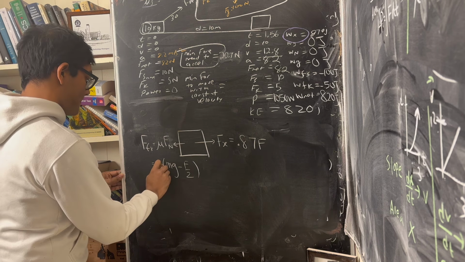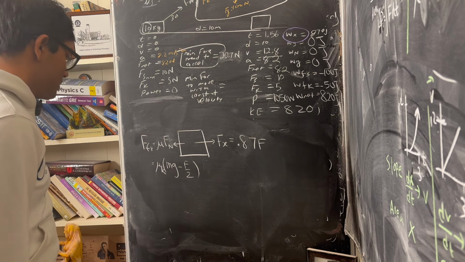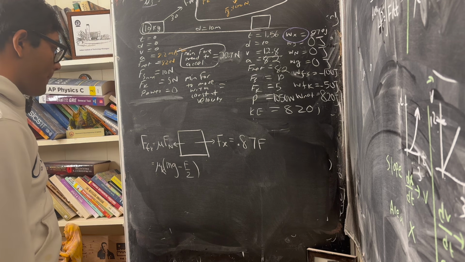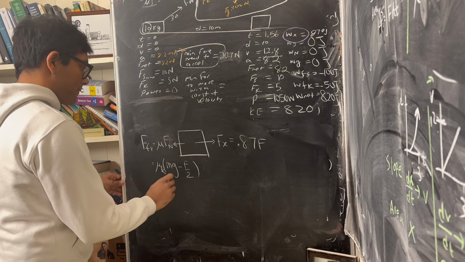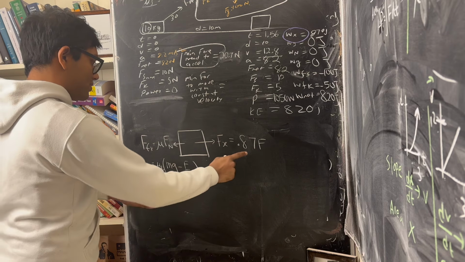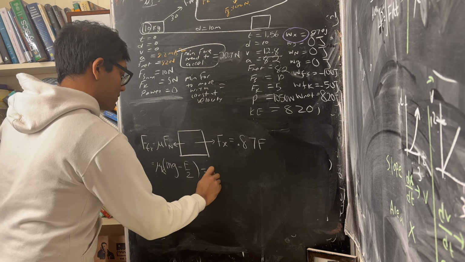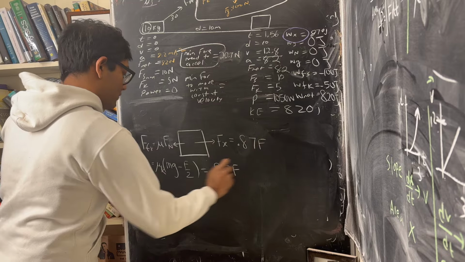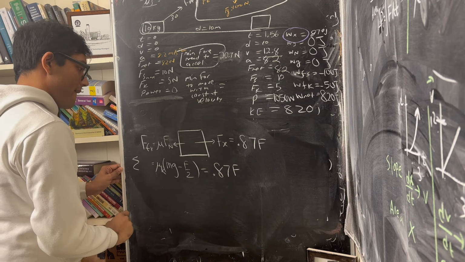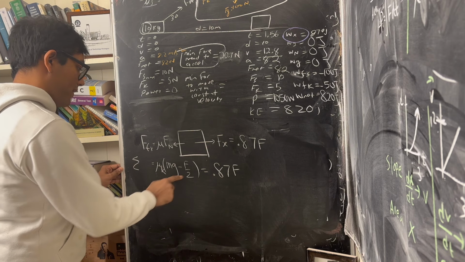Yeah, okay, that's right. Equal to Fx. So these two will be the same. So this is 0.87 F. Write 0.5 F in the bracket right here.